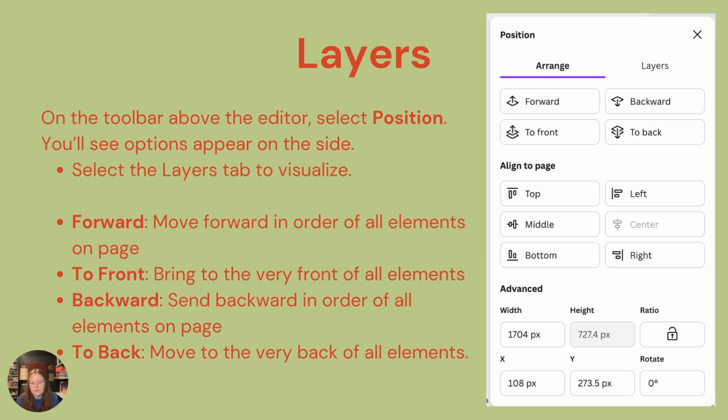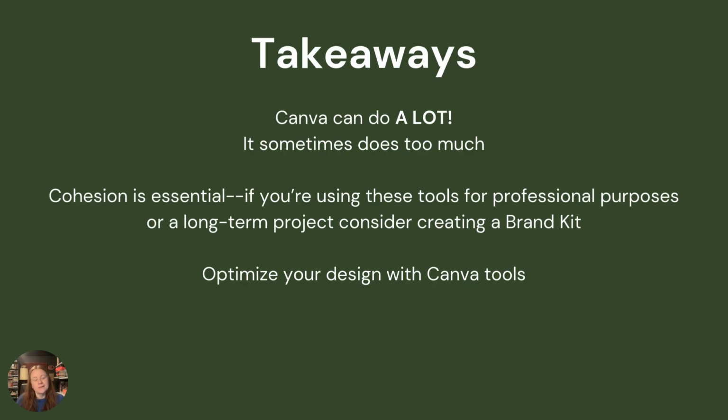So very nice tool that you should get used to using. And when we get into the more complex designs possible with Canva, layers become very important for ensuring all of that works well together.